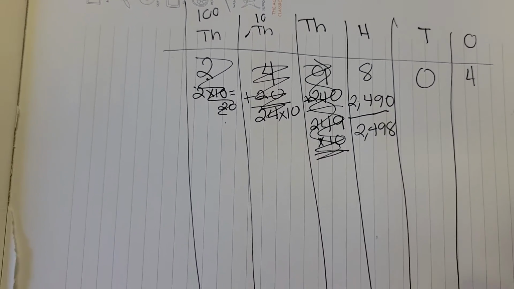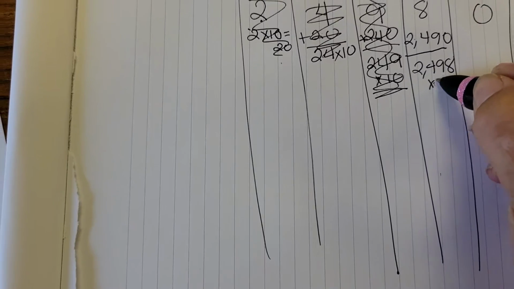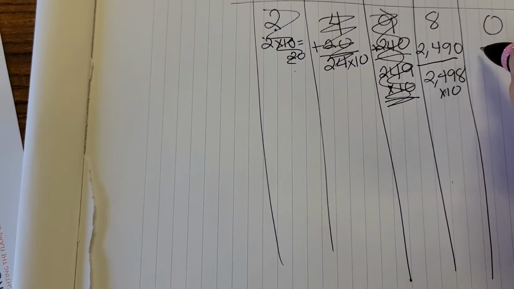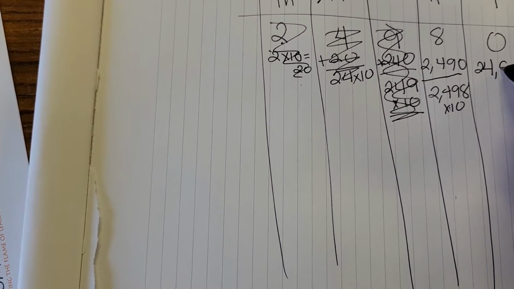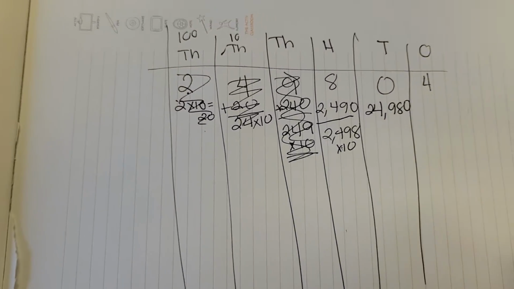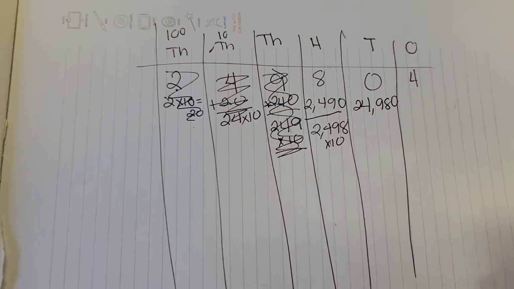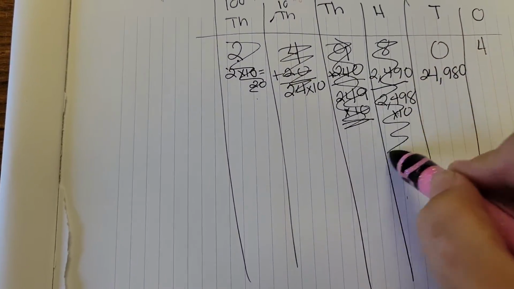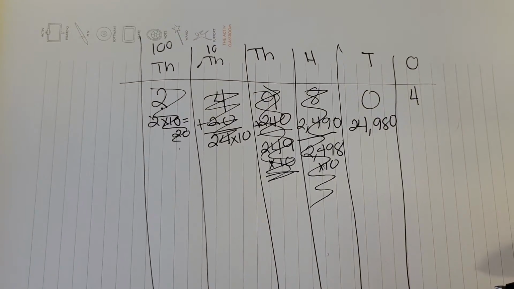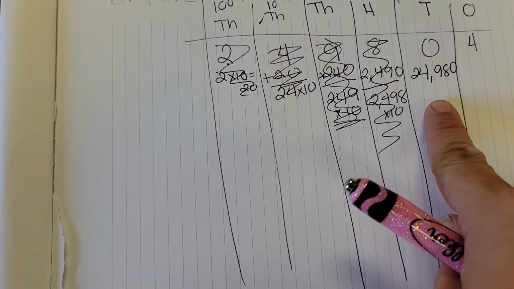But they're asking for tens, so I have to multiply again, which would be 24,980. Since I've traded, I don't have them in the hundreds place anymore. I've traded them all for tens.